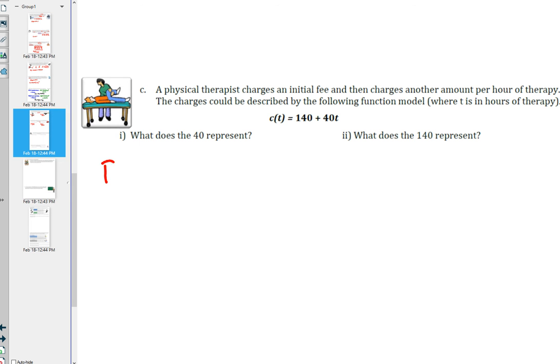Yeah, the per hour charge. Per hour fee. What's another word for that? That we've already said twice today. Slope. What's another word for it? Common difference, yeah. So there's a per hour fee. What does the 140 represent? Yeah, the initial fee.